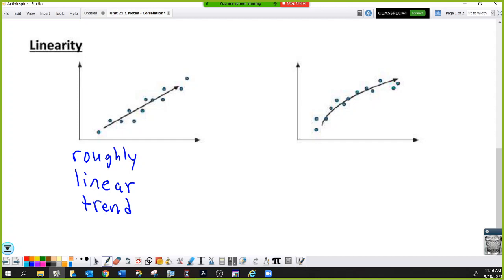Could you ask your calculator to generate a line that those data points model, like a line of best fit, so to speak? Yes, it will. But that doesn't mean it was the best model because those data points clearly curve a little bit more than they would be straight. So you would say that this has little or no linear trend.